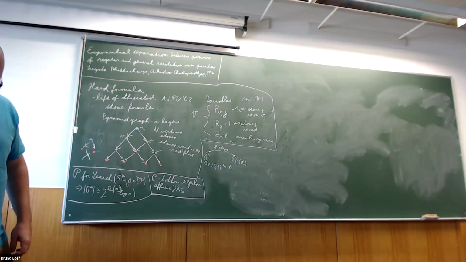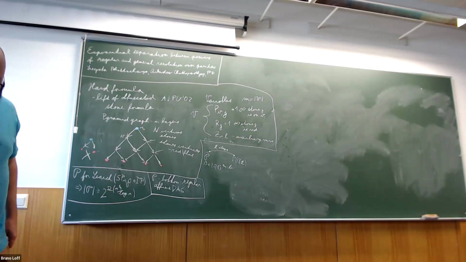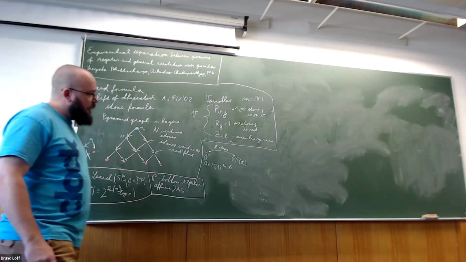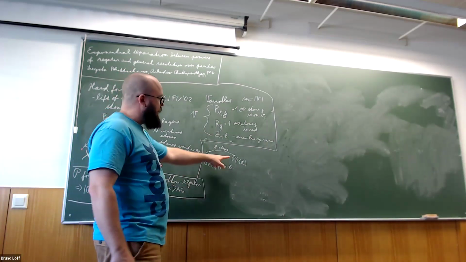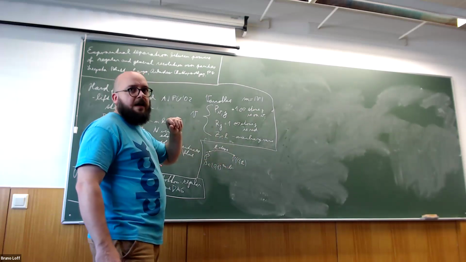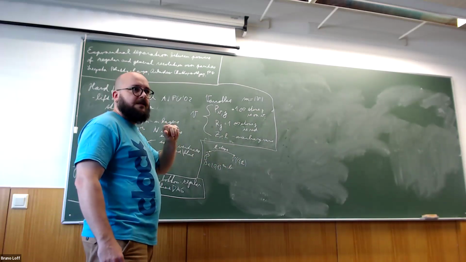Now, if t is sufficiently small, then we arrive at a large codimension affine space.